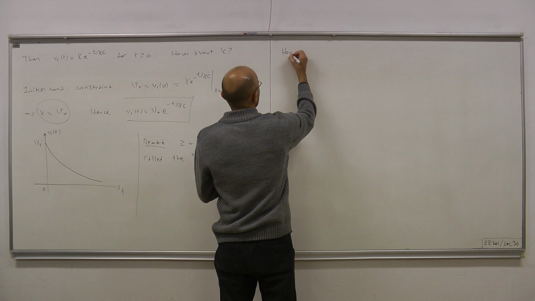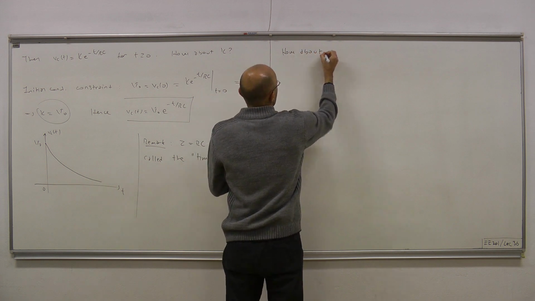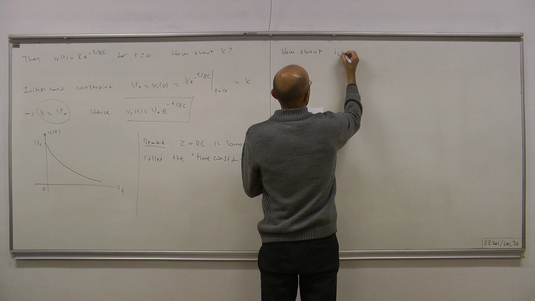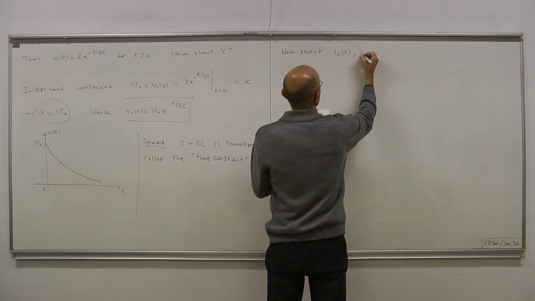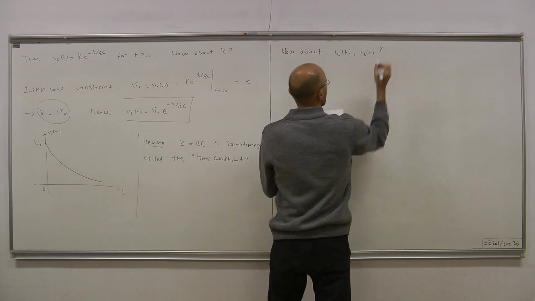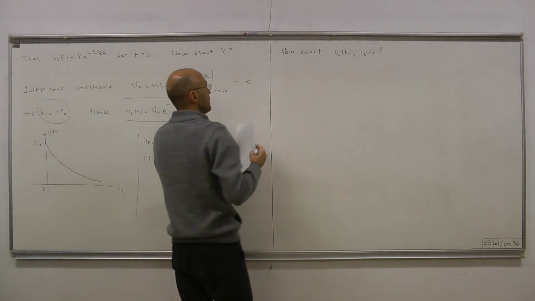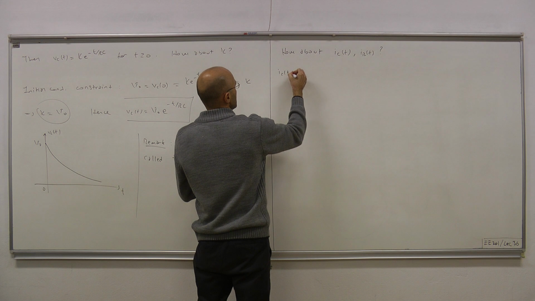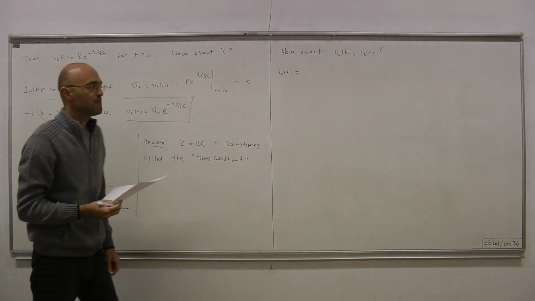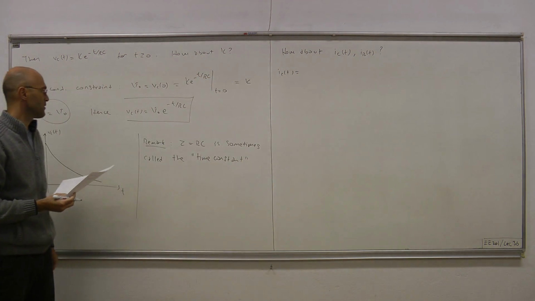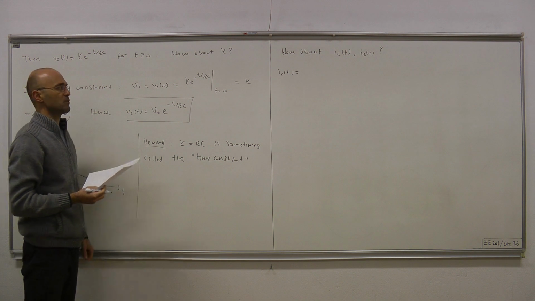Okay, so how about the remaining variables, ICT and IRT, the capacitor current and the resistor current. Now, to figure out ICT, we can use the terminal equation because at this point we know what the capacitor voltage is.